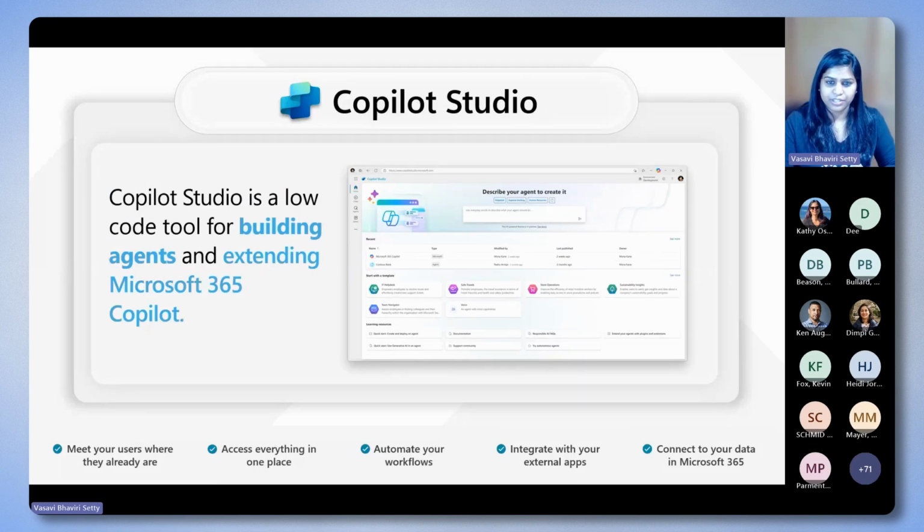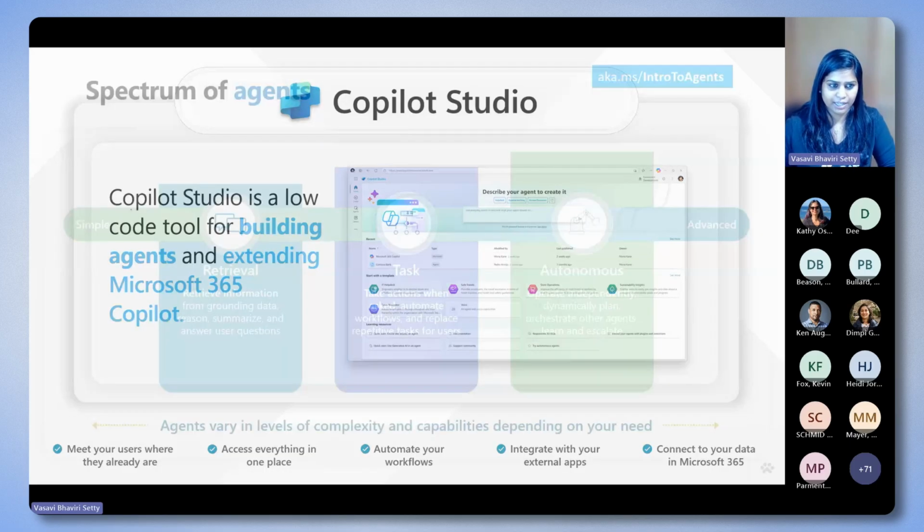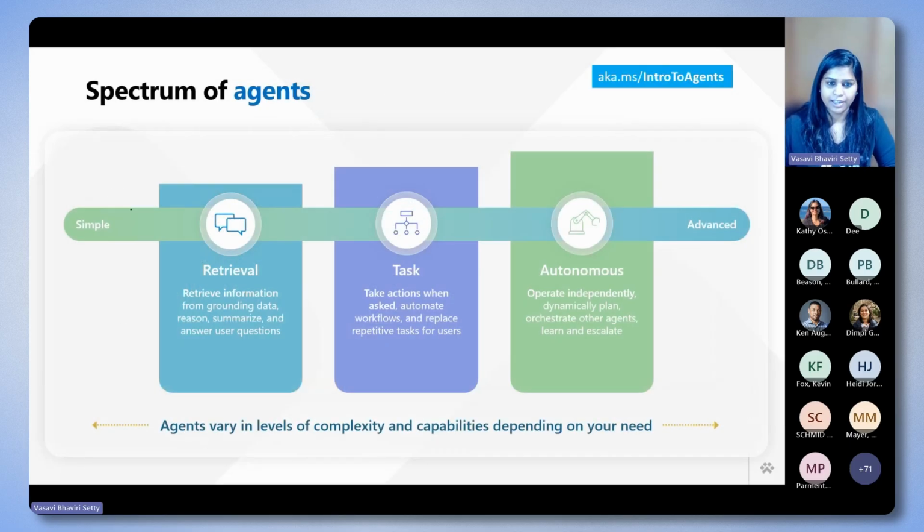Copilot Studio is our low-code tool for building agents as well as extending M365 Copilot, as most of you are already familiar. And with Copilot Studio, with Agent Builder or integration with Azure AI Foundry, you can create a spectrum of agents, all the way from very simple agents like retrieval-based agents to more advanced agents.